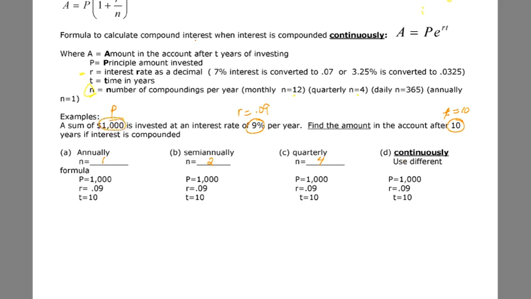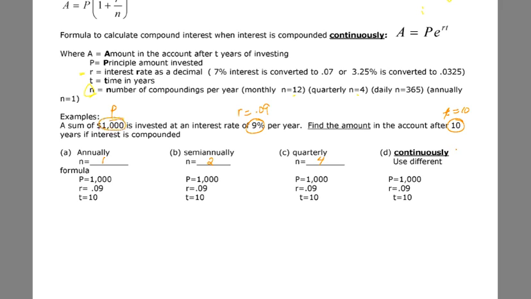If we have to calculate compound interest and it's described as the interest is compounded continuously, we bypass all this middle part with the n and the 1 plus, and we come up with the formula A equal to P times e to the RT power.